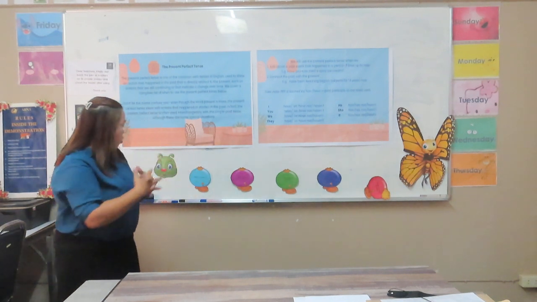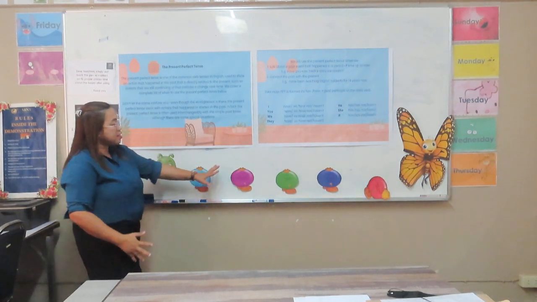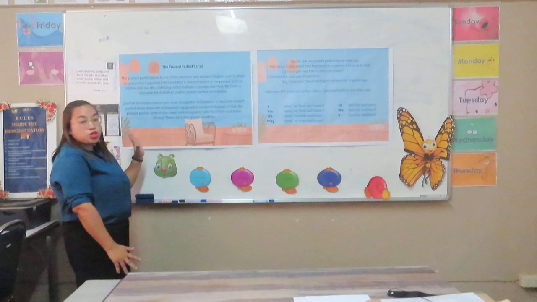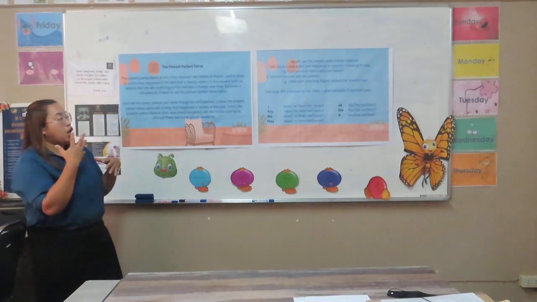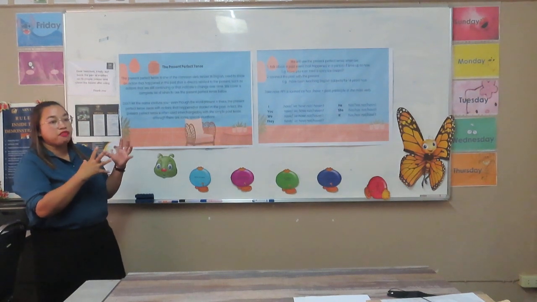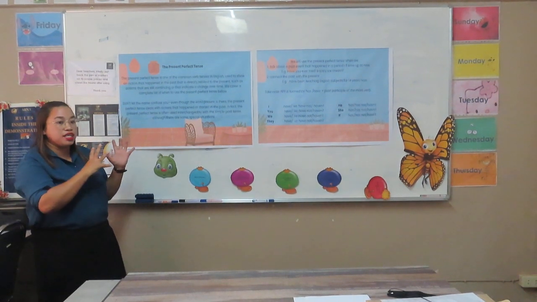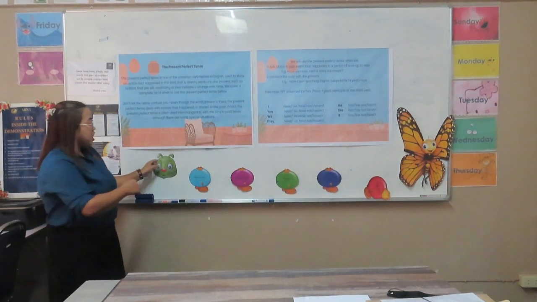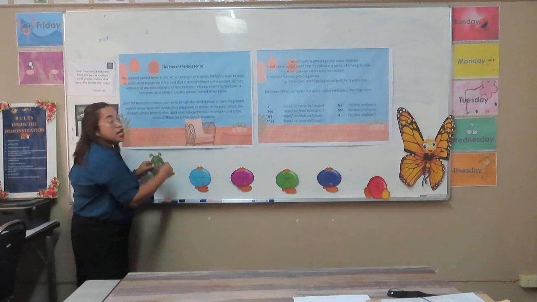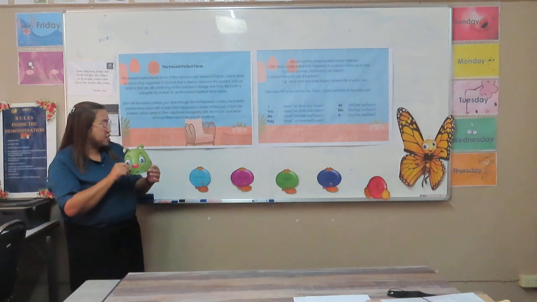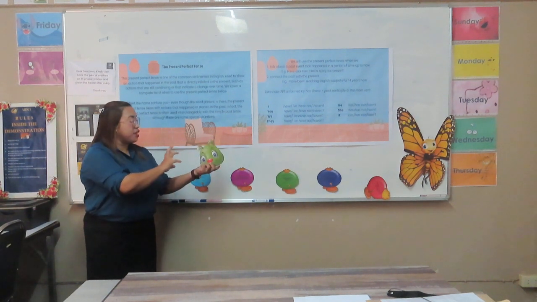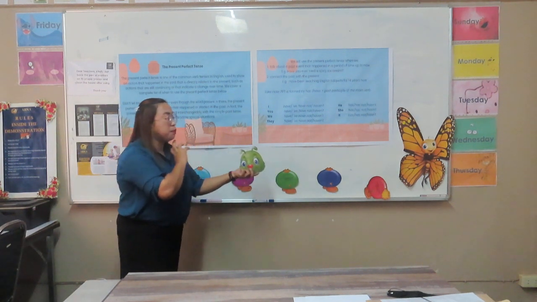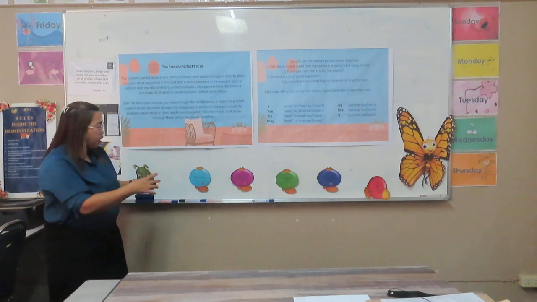Now, as I said a while ago, I have prepared little circles here. This will help us monitor and track which parts of the lesson are already finished or accomplished. Here we have a caterpillar. If we are done with the first stage, we'll put them together and complete the body of the caterpillar.